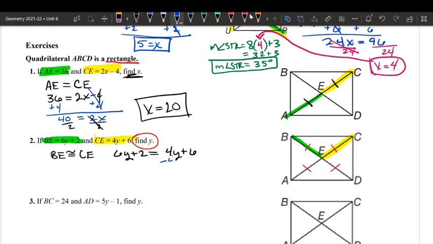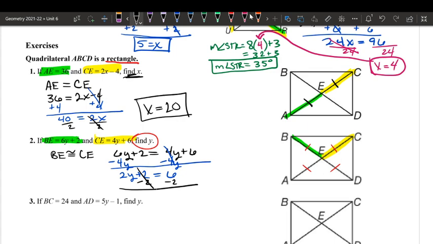And then I'm going to subtract the 4y to get my y's together. So 2y plus 2 equals 6. So I'm going to subtract 2.